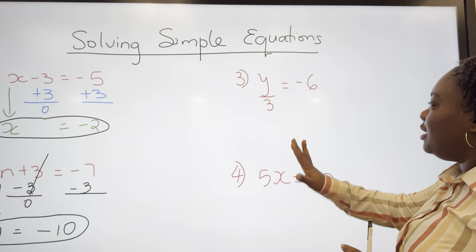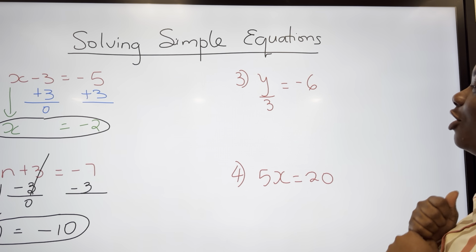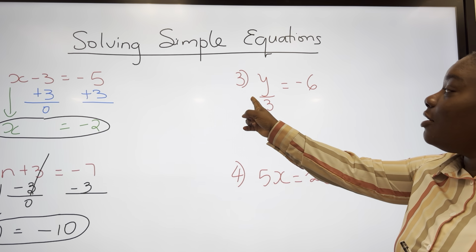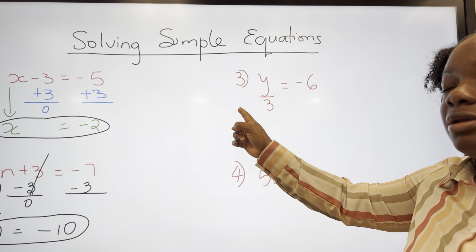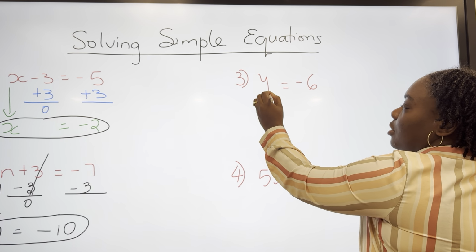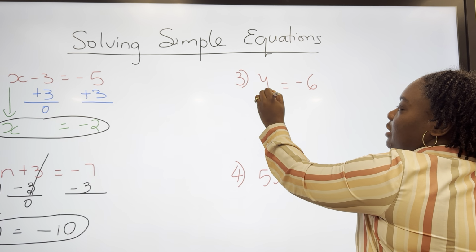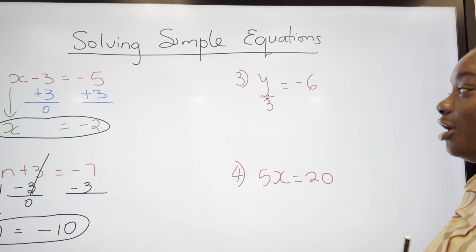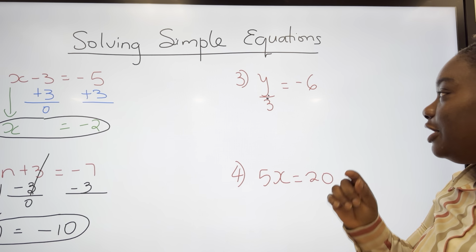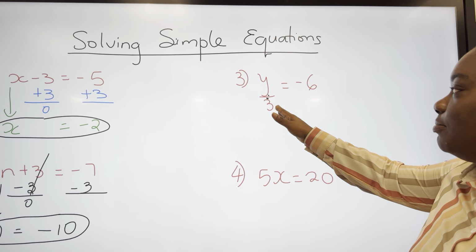All right, let's go to number 3. Now if you note the bar right here, what does that bar mean? Division. And what's the inverse operation of division? Multiplication. So the inverse operation of division is multiplication.